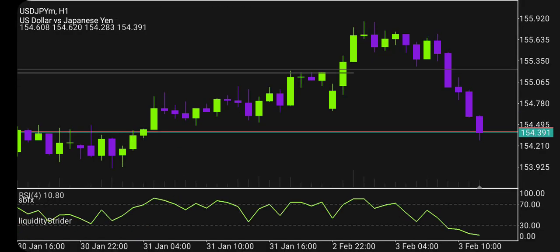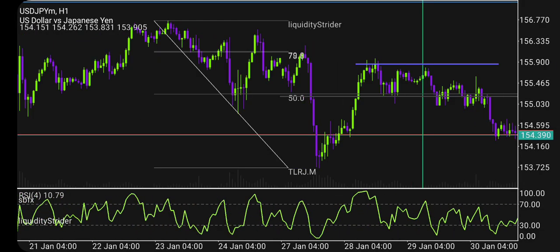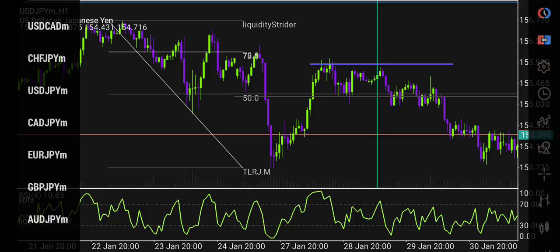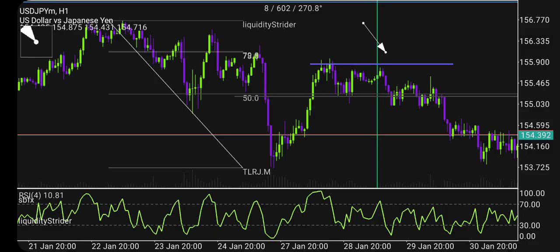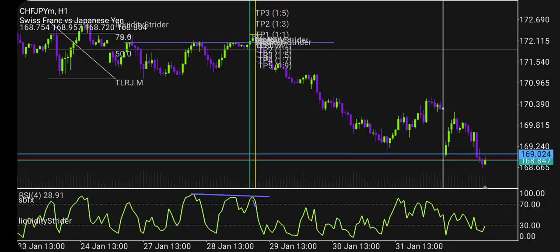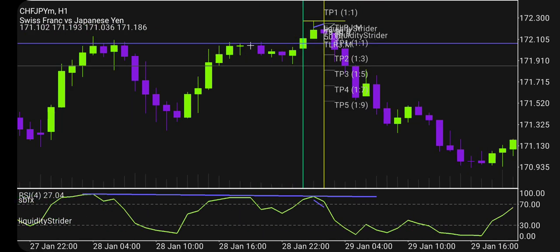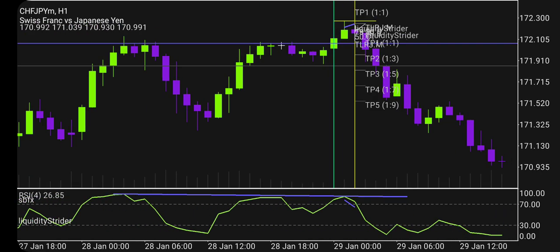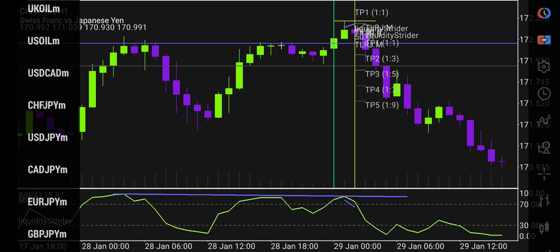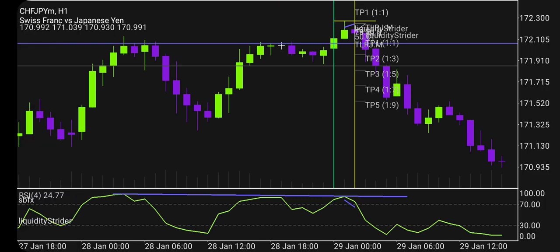Let's check on the US dollar. On the US dollar as well, it didn't come and sweep any liquidity here. But on the Swiss franc versus the Japanese yen, that's why I have it as my first pair just after the dollar pairs. Here at the bottom I have the Japanese pairs.